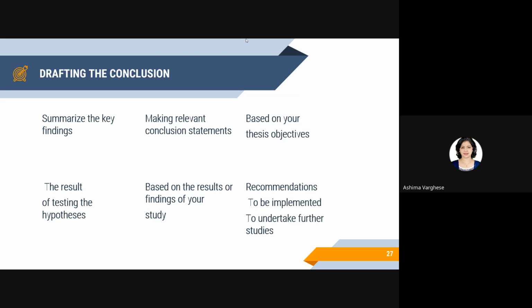So what is the meaning of including those good sounding conclusions which are not related? This is a very serious error. So how do you make sure that you are making relevant conclusion statements? See, there are two ways of approaching this. One, your conclusion may be based on your research objective.